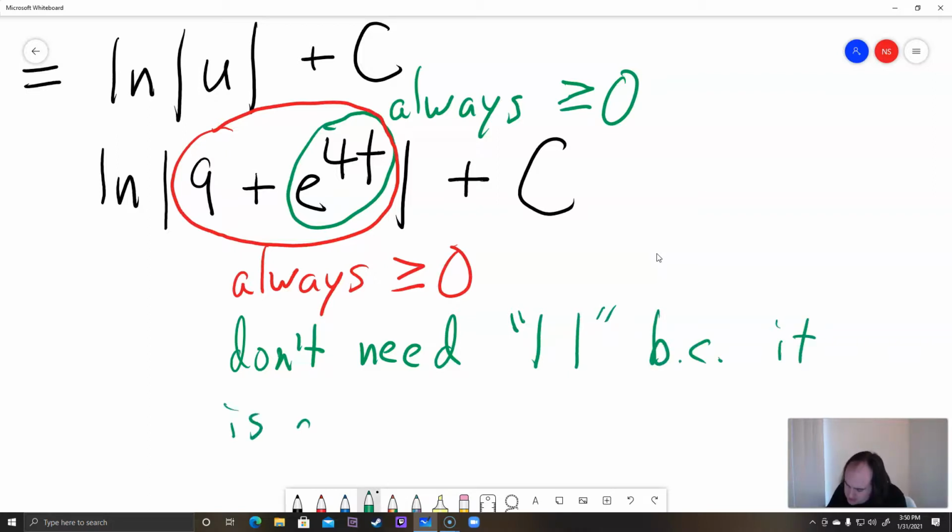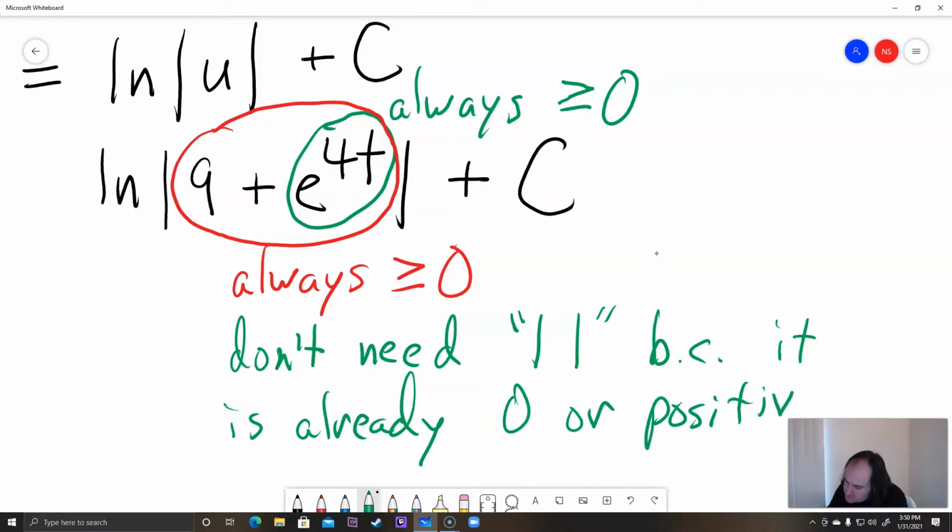because it is already 0 or positive. And remember, what absolute value does is it makes sure stuff always stays positive. Okay, so an absolute value either has to be 0 or positive. It can't be negative, but because this is already greater than or equal to 0, we don't need the absolute value.